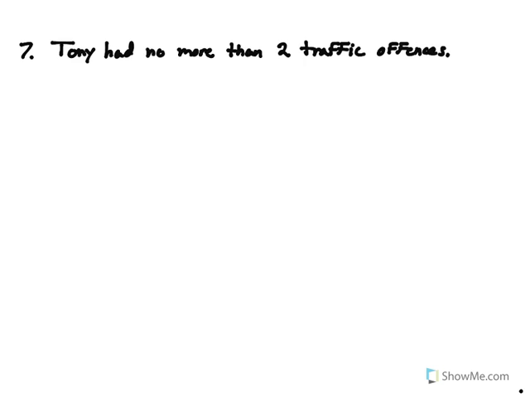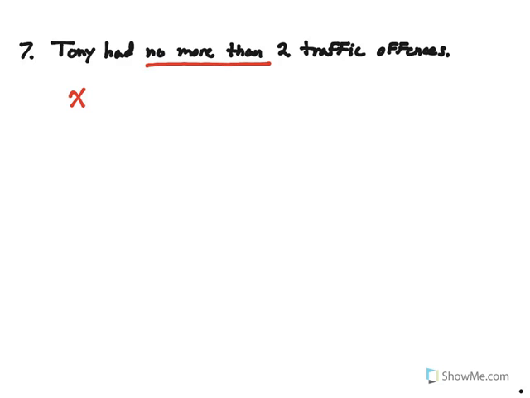And I just want you to translate that statement into an inequality, okay? Again, you can choose any variable you want. You can use T for Tony, you can use X, you can use whatever you want, doesn't really matter, okay? So you can say X, and then now the key word is no more than. That's what you want to look for, right?